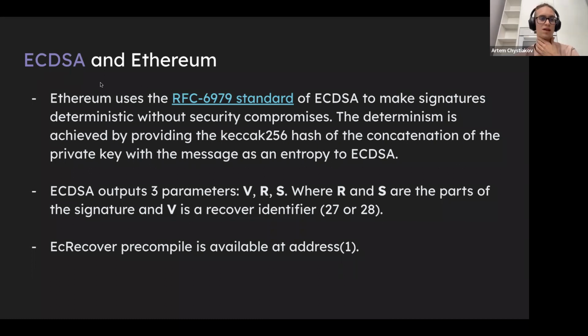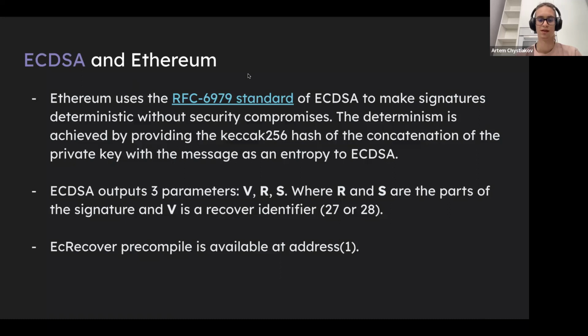Usually ECDSA is random. What I mean is, if you want to sign something with your private key, the output signature will differ every time. But Ethereum, due to the standard, makes this signature deterministic.